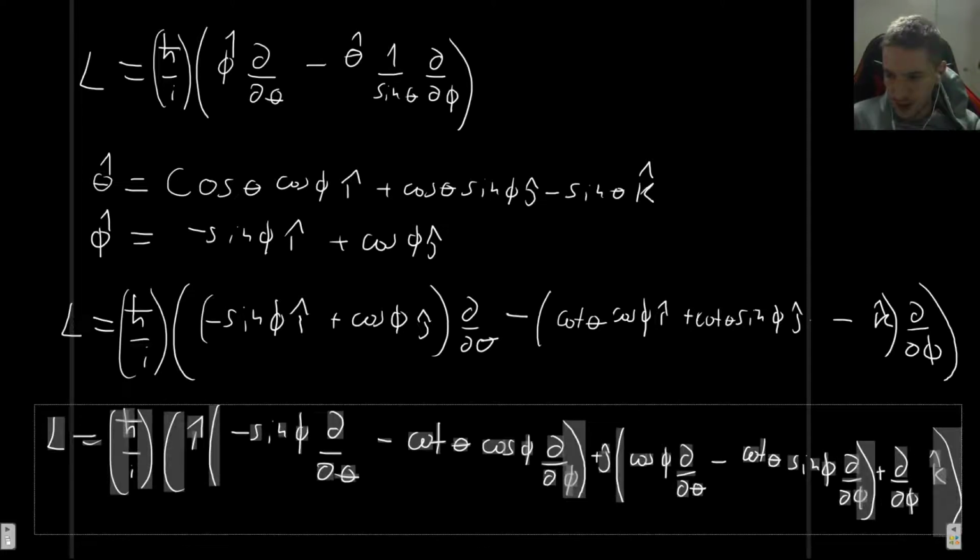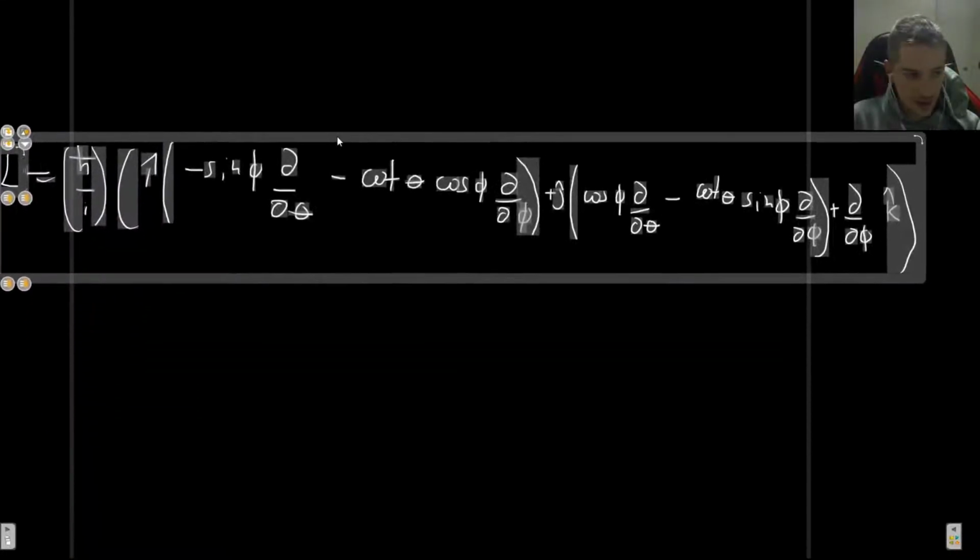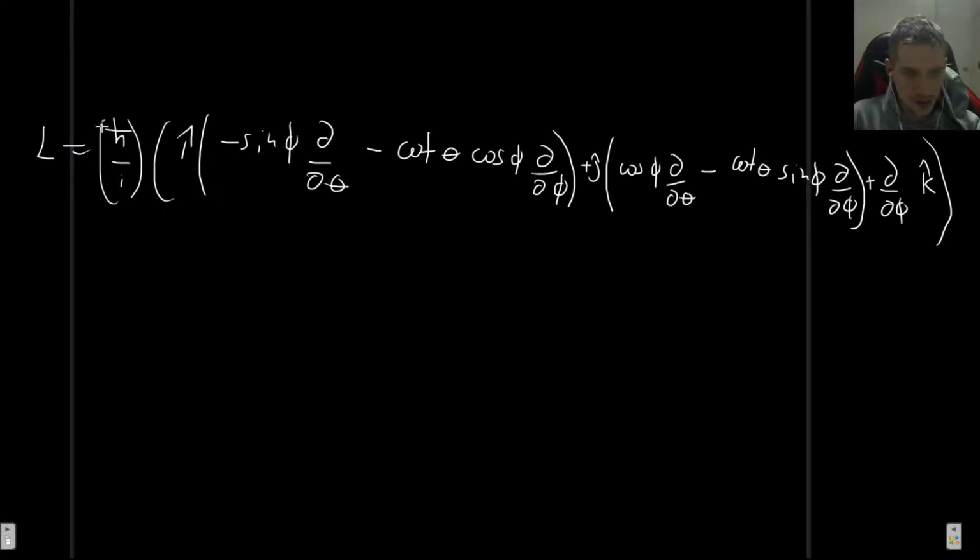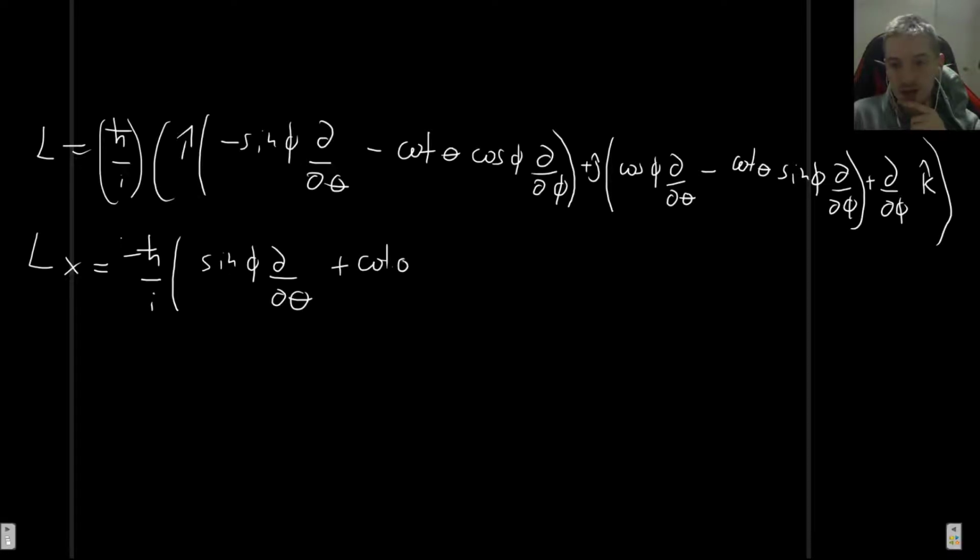So here we have written this separated into each one of the components, but let's write it down explicitly. Lx is going to be minus h bar over i, sine phi d theta plus cotangent of theta cosine of phi d phi.